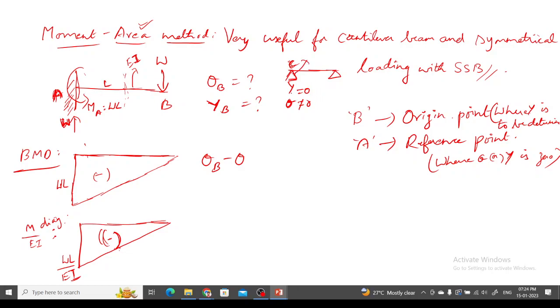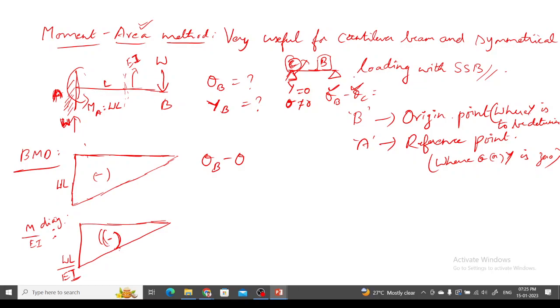But if I want to calculate the slope at point B, then I can't take point C as the reference point, because if I put theta B minus theta C, then theta C is unknown. Then I can't find out what theta B is.